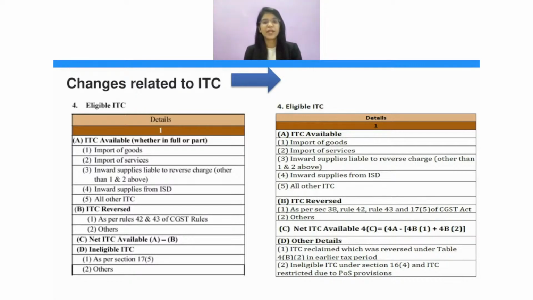Now, let me give you another important, or I would say useful example. Think about, you had purchased something from a supplier and the supplier is compliant too. Let's say again you have purchased something in the month of August, and the supplier also filed his GSTR-1 in the same month, August itself.